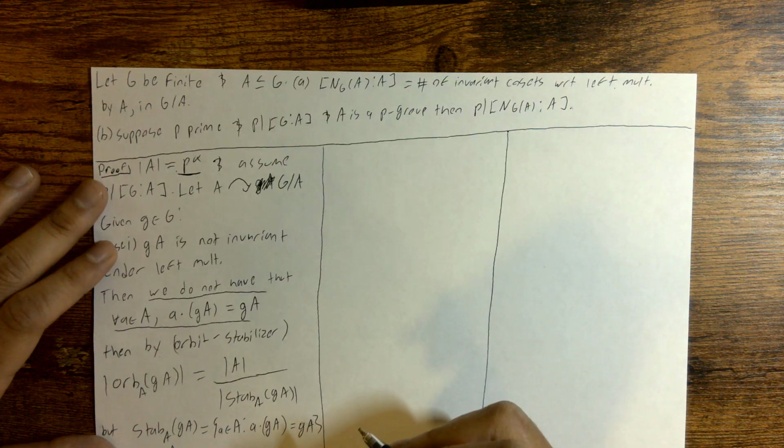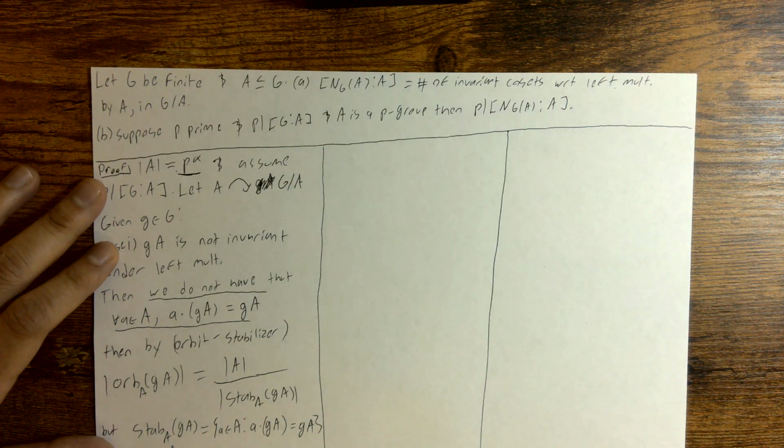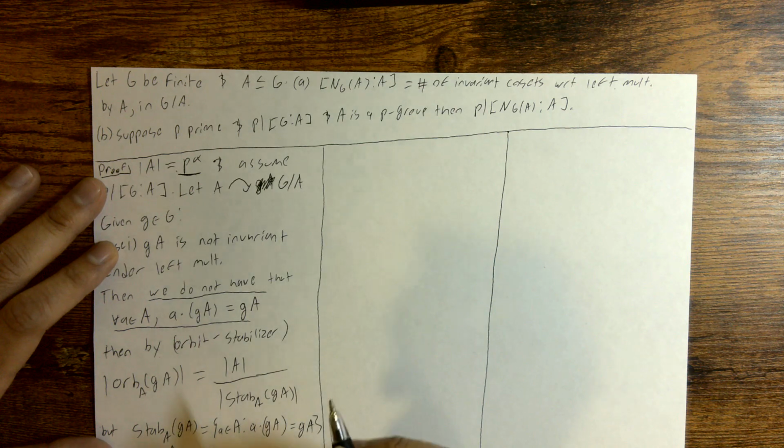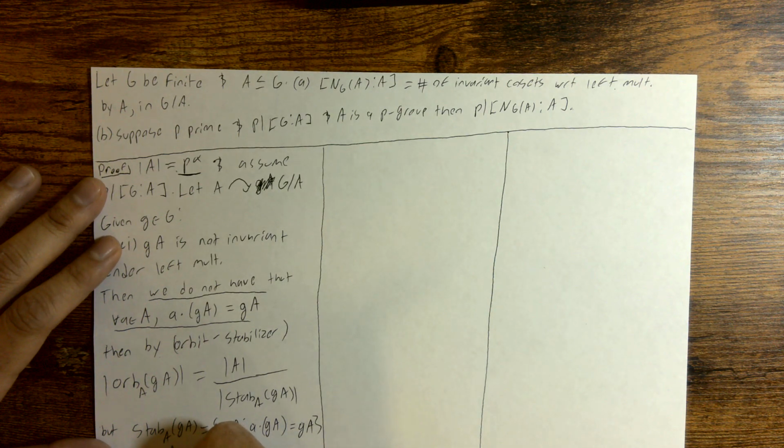So the orbit of gA has size a power of p.